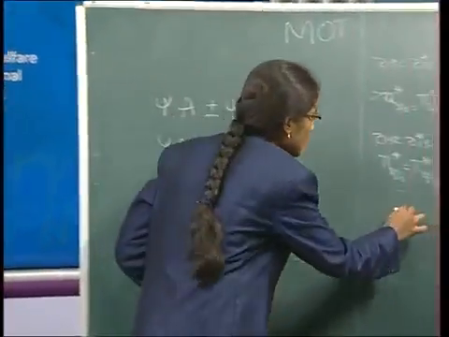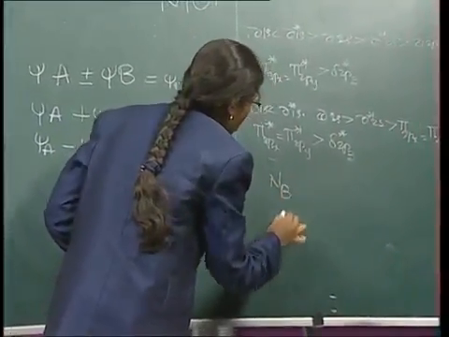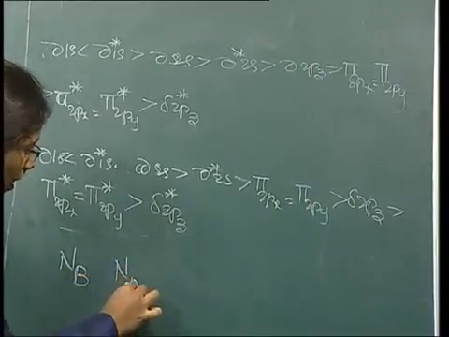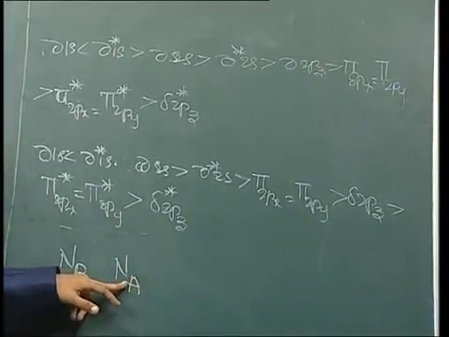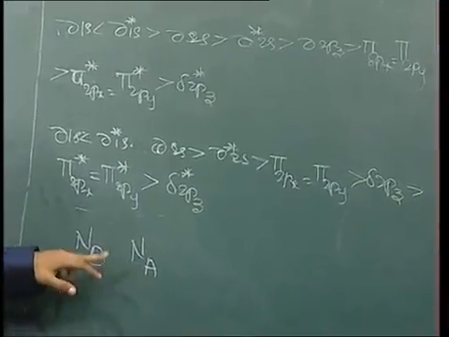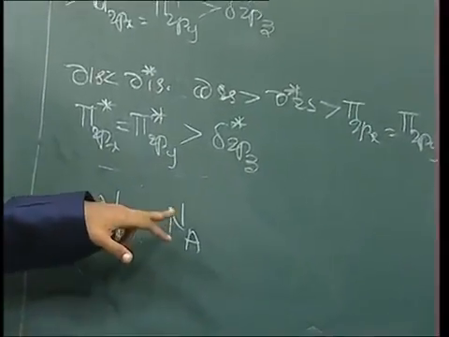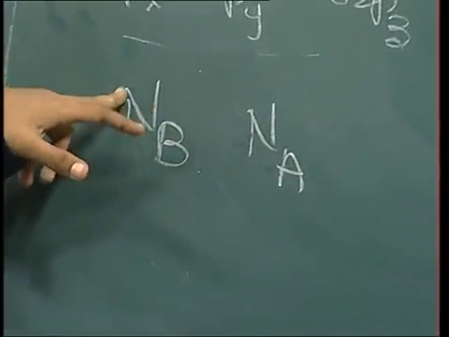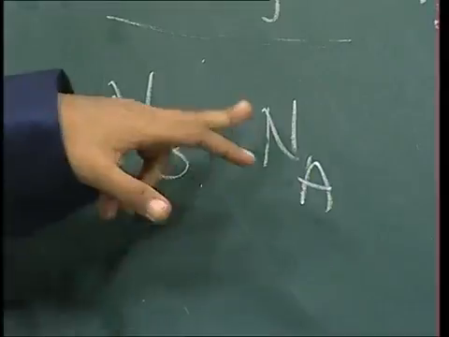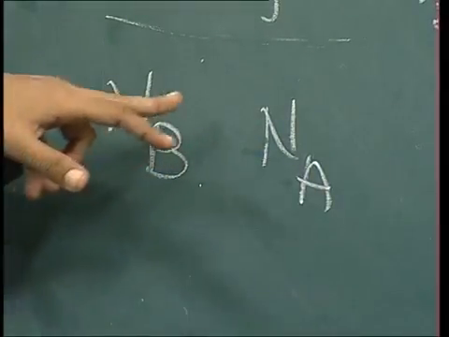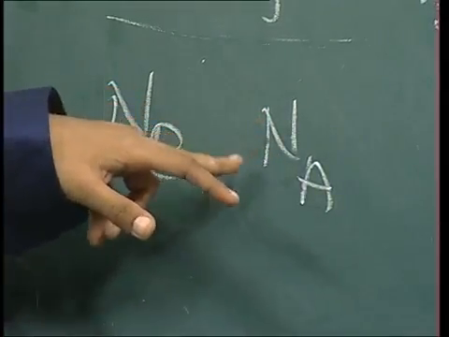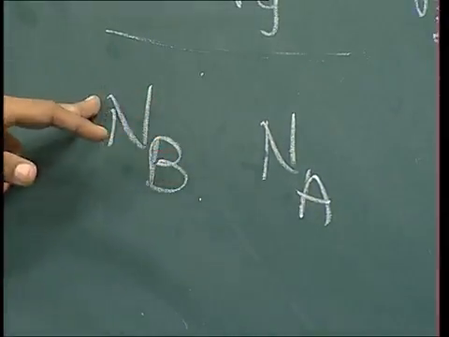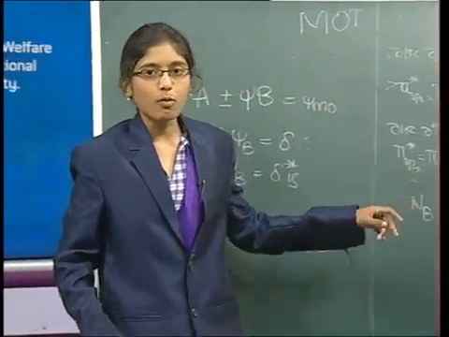If Nb equals Na, meaning the number of bonding electrons equals the number of anti-bonding electrons, the bond order is 0 and the molecule does not exist. Okay. It is the stability nature of molecules.